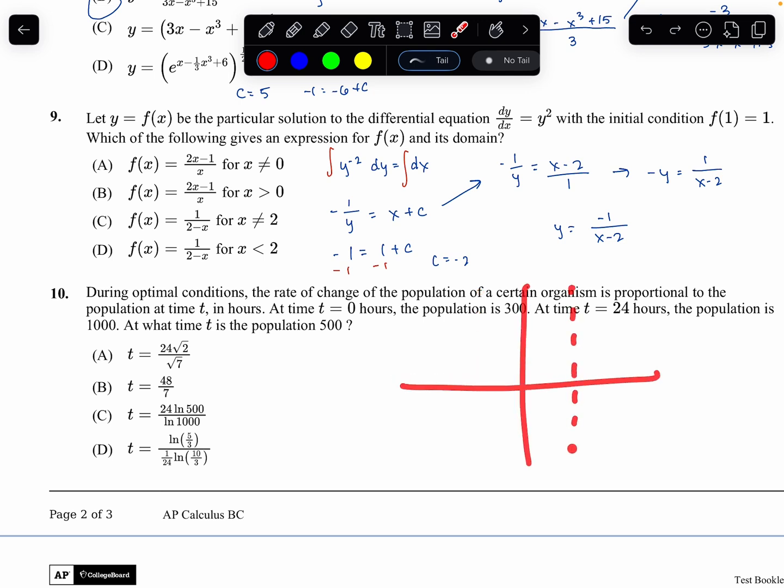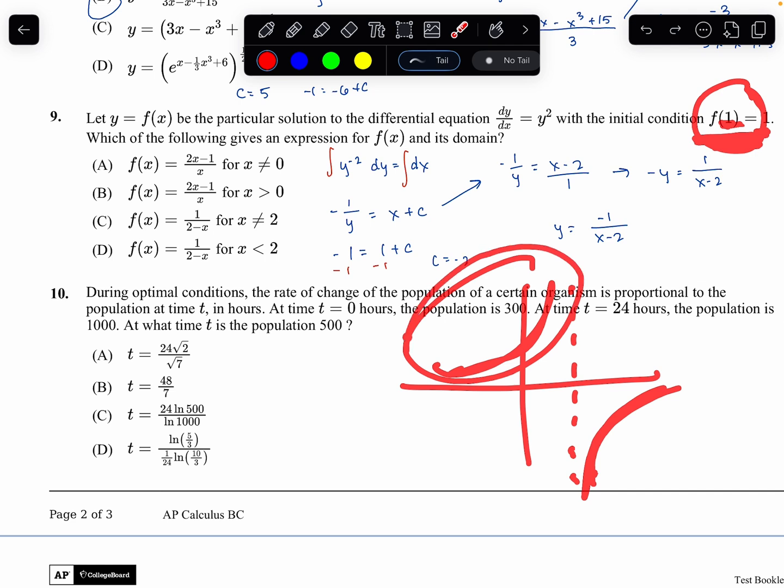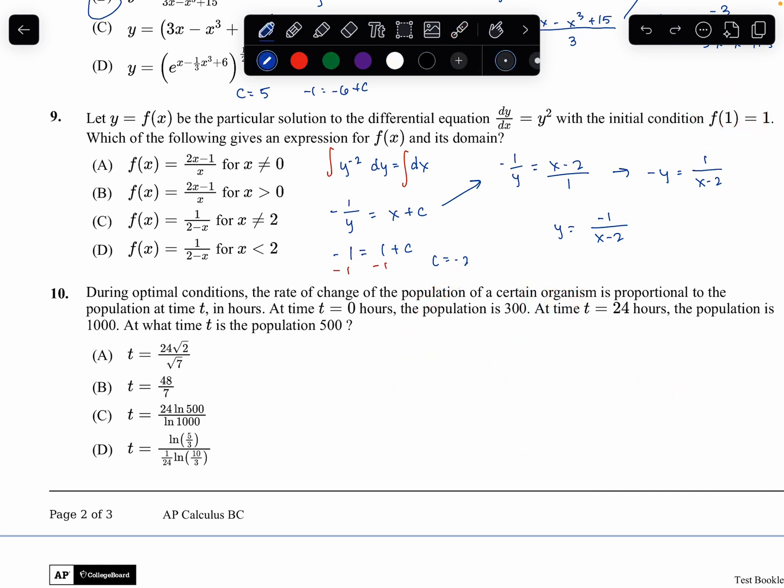So I'm trying to visualize this graph right here. I think it should look something like this. Yeah, this is what it's going to look like. Now, it really depends on the initial condition as to which branch you want to include for the solution here. The initial condition says that x equals 1. Well, that's going to be on the left side of the branch, when x is less than 2. And so the answer has to be D right here.